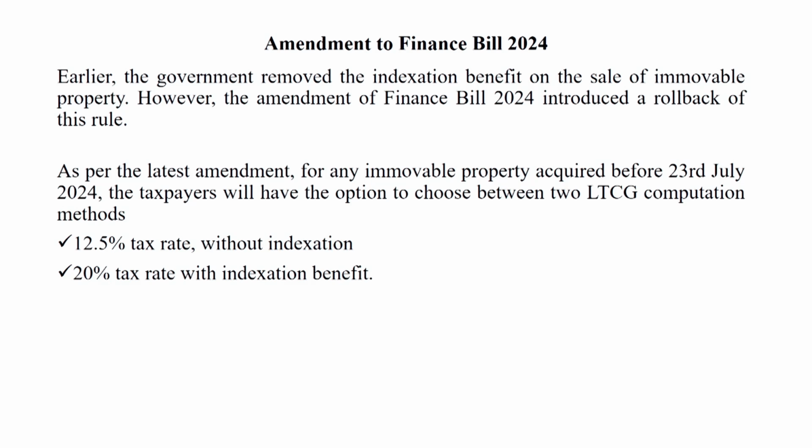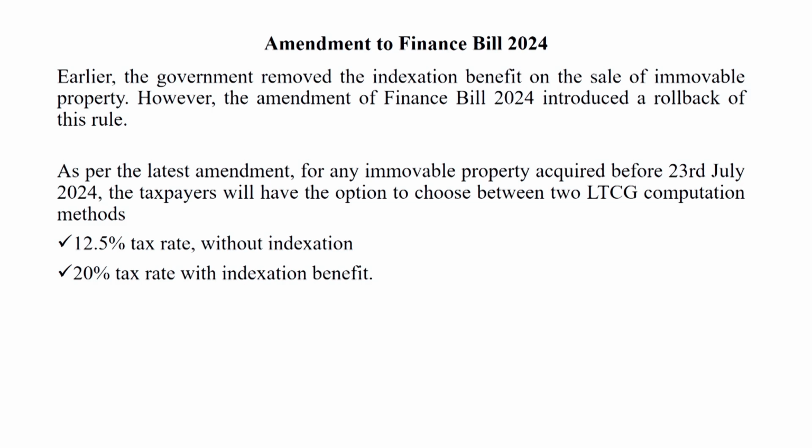So, under this, there are two options. First, the rate of tax on long-term capital gain will be 12.5% without any indexation. And with indexation, the rate of tax, as the old rate, means 20% with indexation. This is a new amendment.